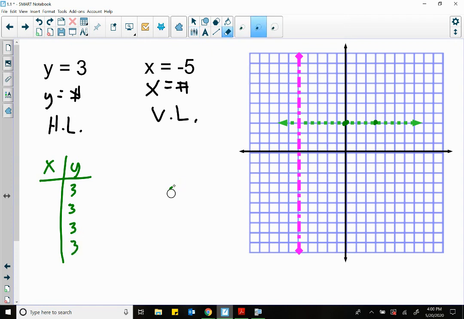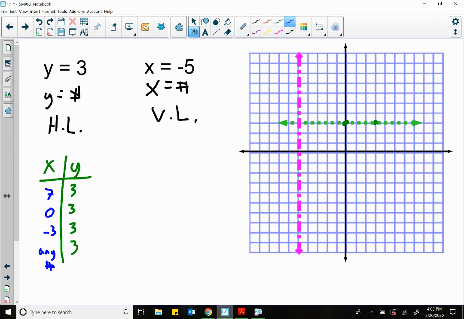So then what can the x values be? Well, they can be anything. Doesn't matter. There's no restriction on them. So the x values could be 7, 0, -3, so on and so forth. It doesn't matter what they can be. They can be any number.